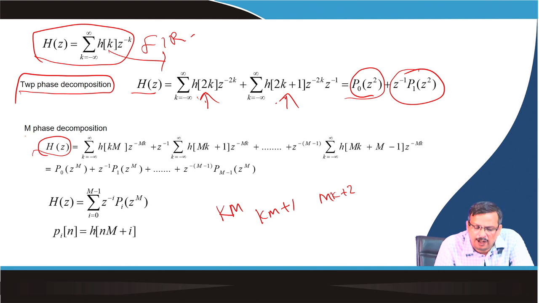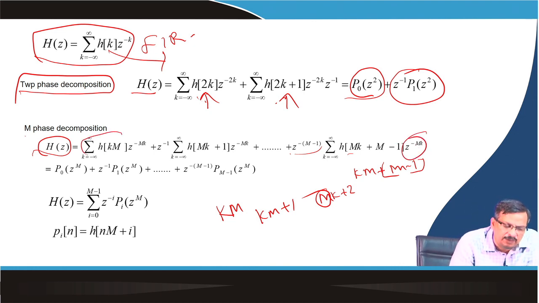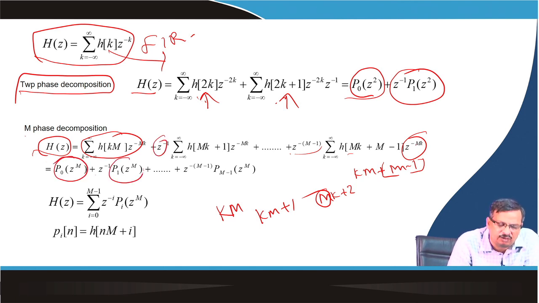So m number of decompositions happen. The last one is km plus m minus 1, which is nothing but z to the power minus (m minus 1) into z to the power minus mk. So I can say this is nothing but polyphase P0 z to the power m, and this is delayed by P1 z to the power m.